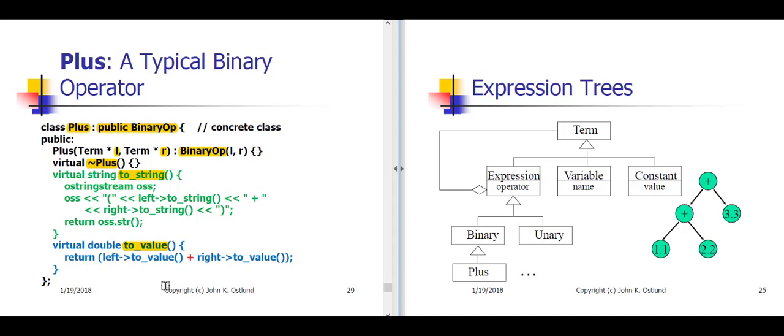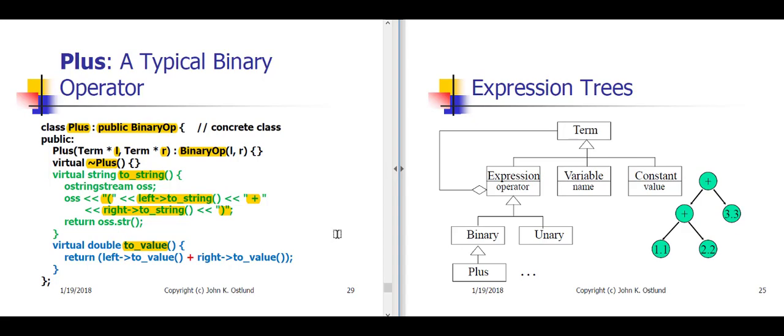Now, what the toString function does is to compose a sequence of characters that is easy for a human being to read. That is, if we ask to see a representation as a string of this binary tree operator being used, then what we're going to see is an open parenthesis character followed by the string representation of the left-hand operand, followed by a plus symbol, and then a human-readable representation of the right-hand operand, and finally a closing parenthesis.